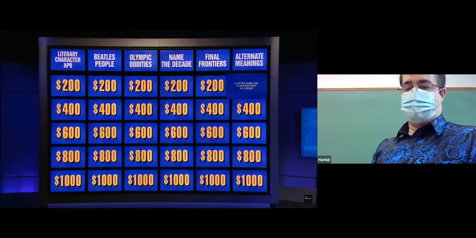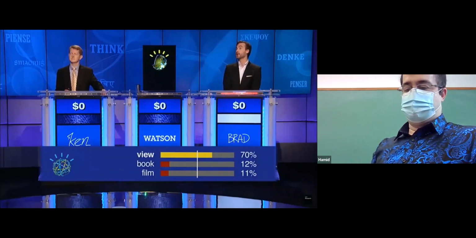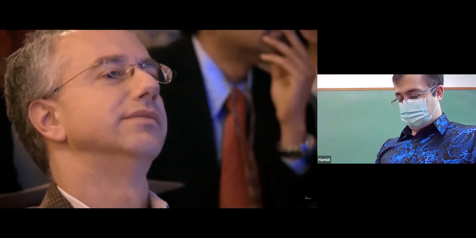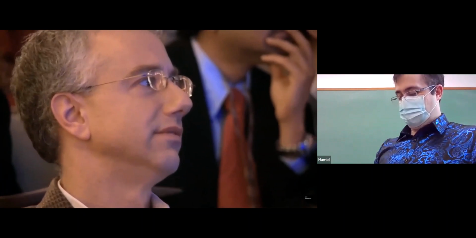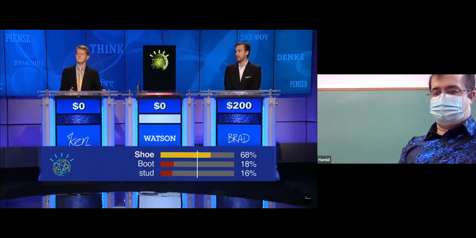Let's take alternate meanings for 200, Alex. Four-letter word for a vantage point or a belief. Brad. What is a view? Yes. After the first clue of the game, which Brad won, I had just this horrible feeling that he was as good as everyone said he was, and he was just going to run the whole board on us. Watson. What is shoe? You are right.